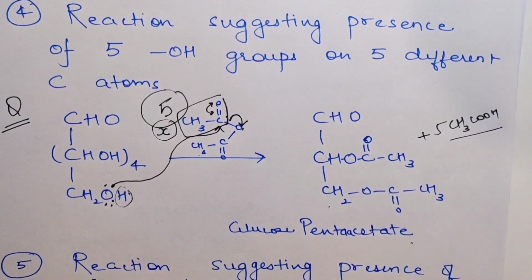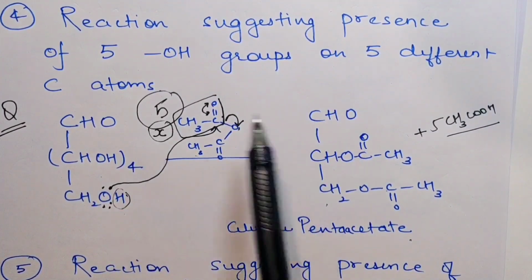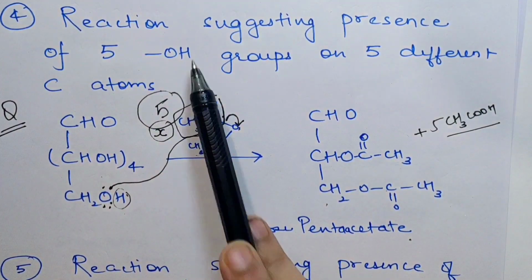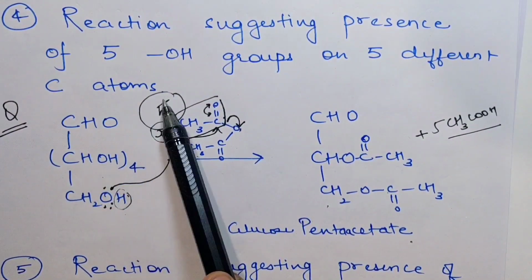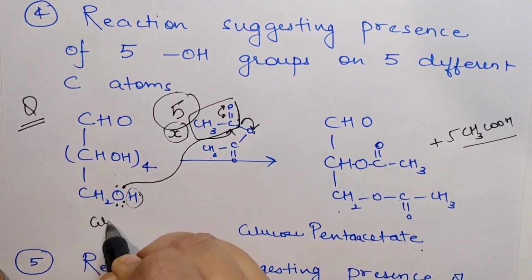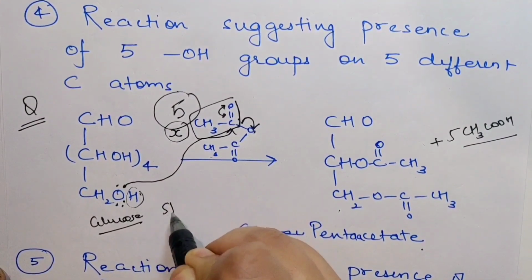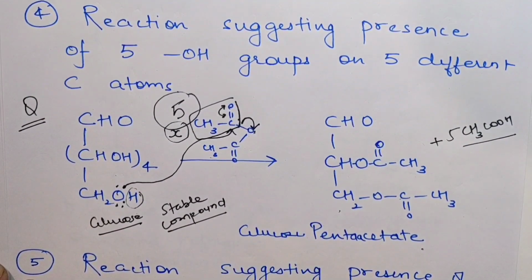Okay, this is one thing. Next thing is, how would you prove? We know that there are 5 hydroxyl groups, but how do we know that those 5 are on 5 different carbon atoms? We know that glucose is a stable molecule. Glucose is a stable compound and it has 5 OH groups.